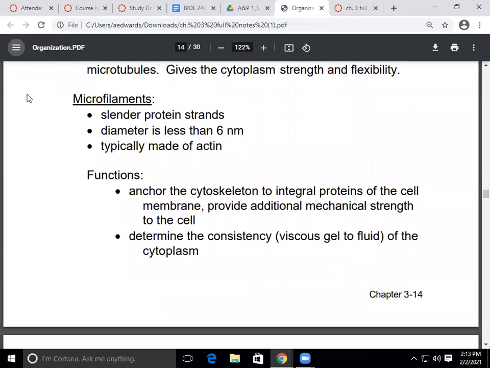What do the microfilaments do? They serve as anchors for the cytoskeleton, anchoring it to integral proteins on the cell membrane, and they give your cell additional mechanical strength. They also determine how thick or viscous the cytoplasm is, whether it's more watery or thicker.